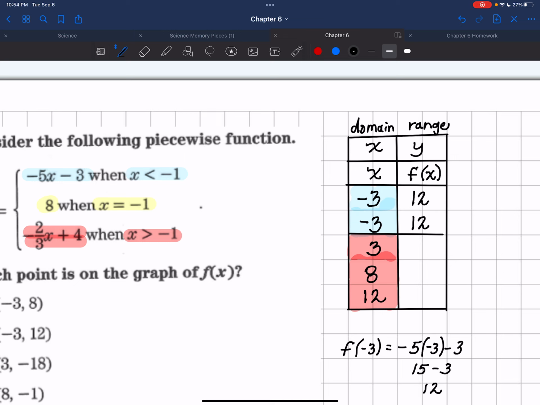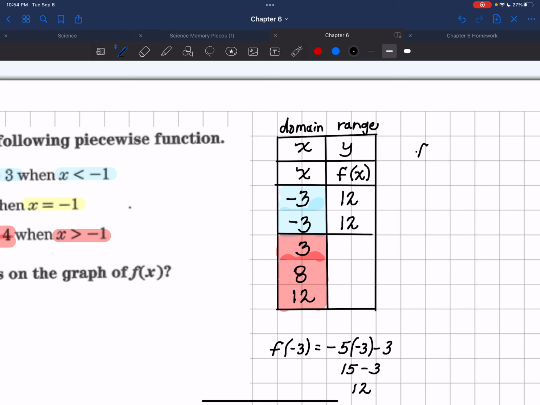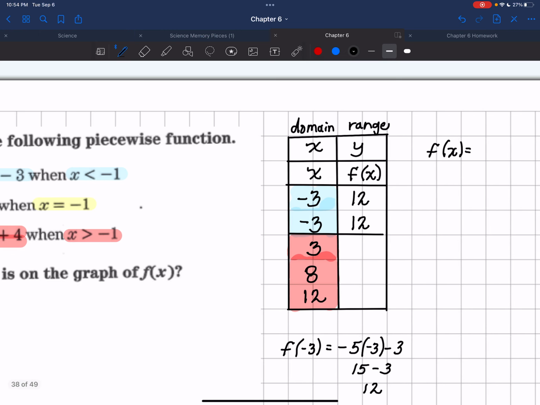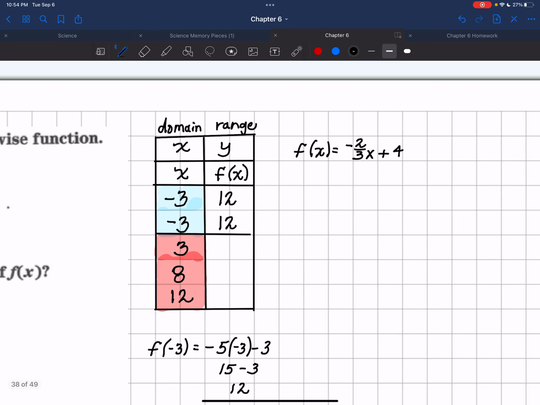All right, if the value of x is more than -1, we're going to use the red function, which is f of x equals -2/3 x plus 4. So I'm going to use that for f of 3.